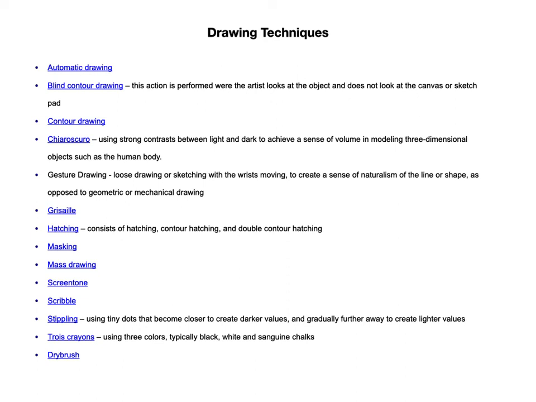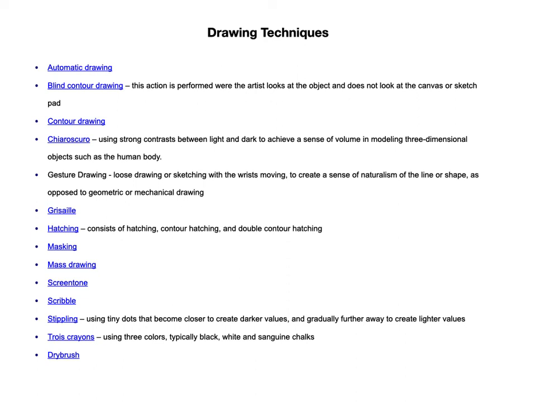Let's start with automatic blind contour drawing, which is an action performed where the artist looks at the object and does not look at the canvas or ground. Chiaroscuro is a term which means light and dark and uses strong contrasts to achieve a sense of volume in modeling a three-dimensional object.